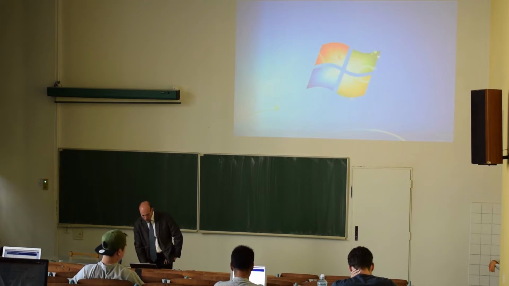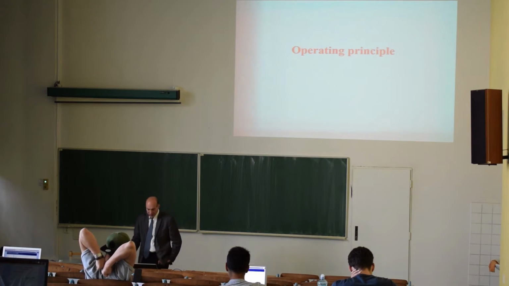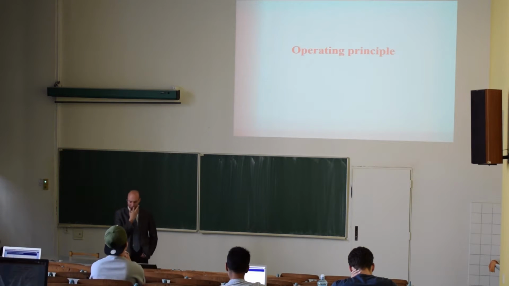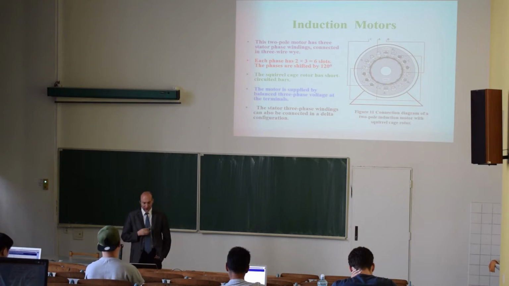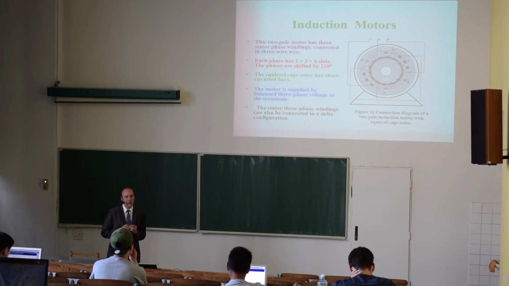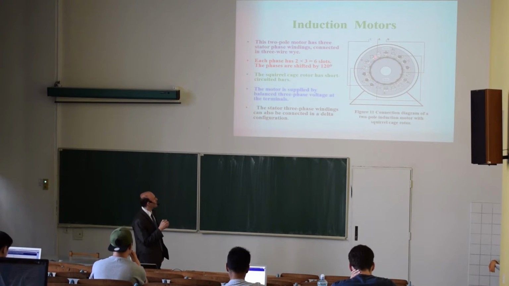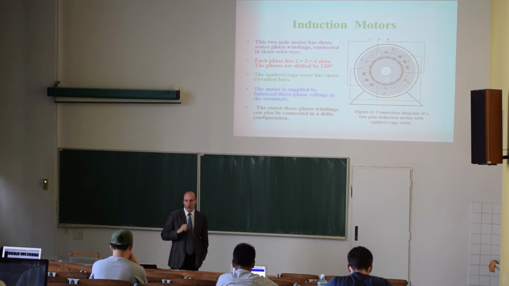Okay, so let's go back to induction motors, and we shall discuss the principle of the induction motor. So, let's imagine we have a 3-phase stator winding. Here in this picture you see the winding in the stator slots, and we see that it's a 3-phase winding.